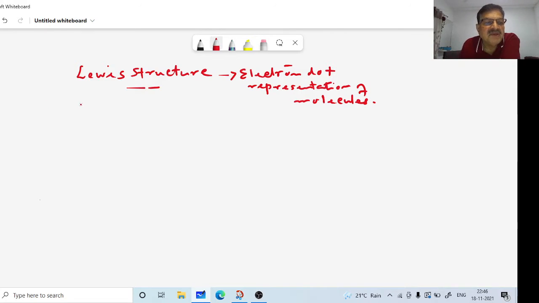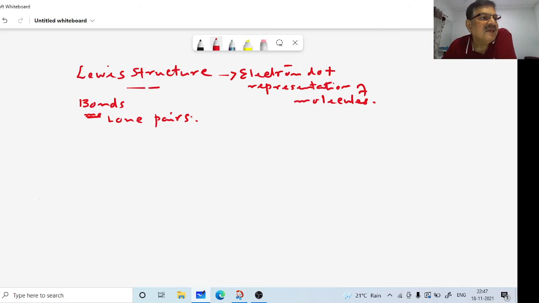So this will be important from the point of view of how many bonds the atoms are forming in the molecule, and how many lone pairs of electrons are there.